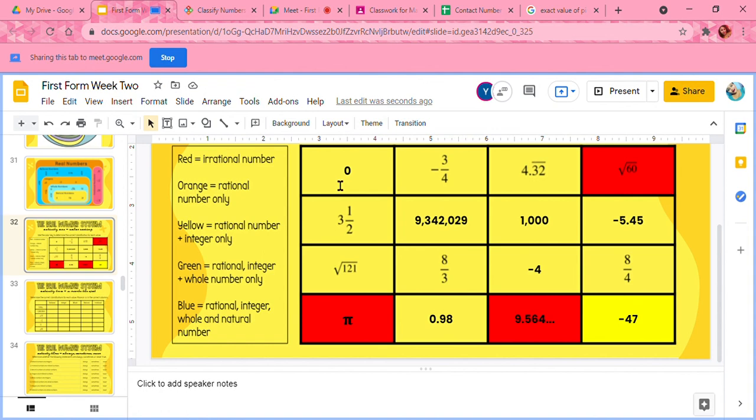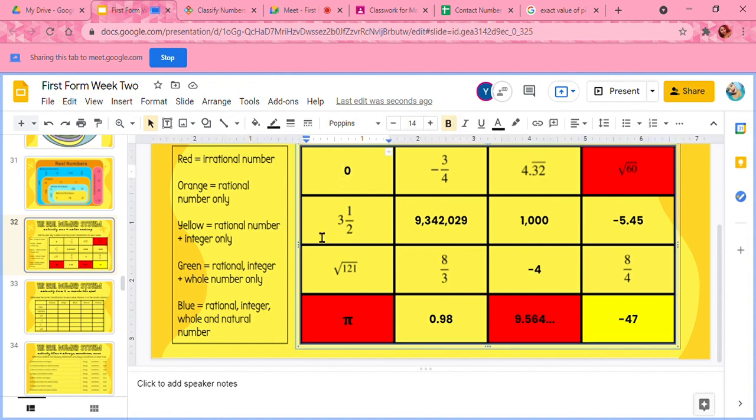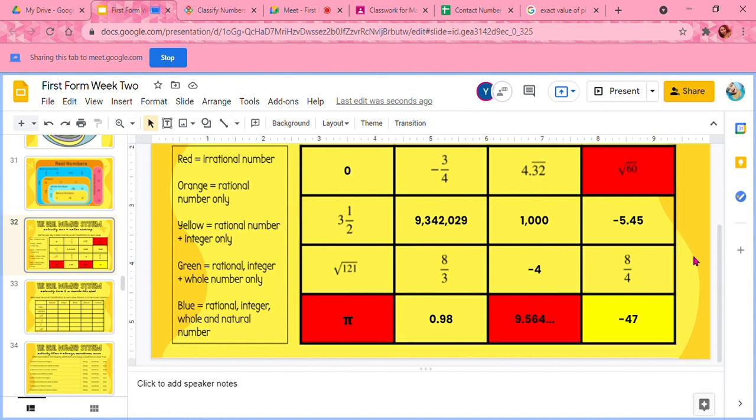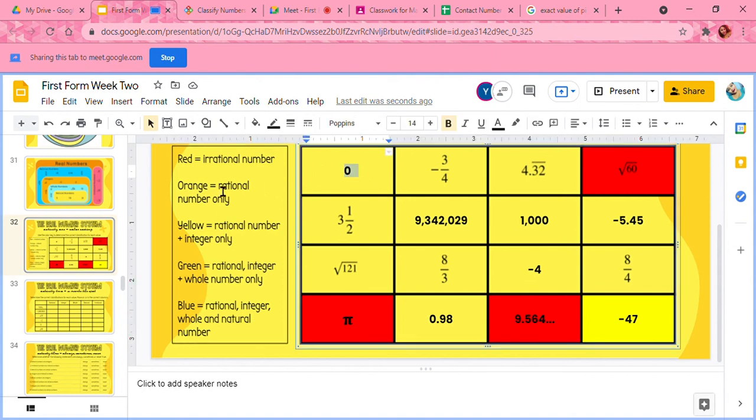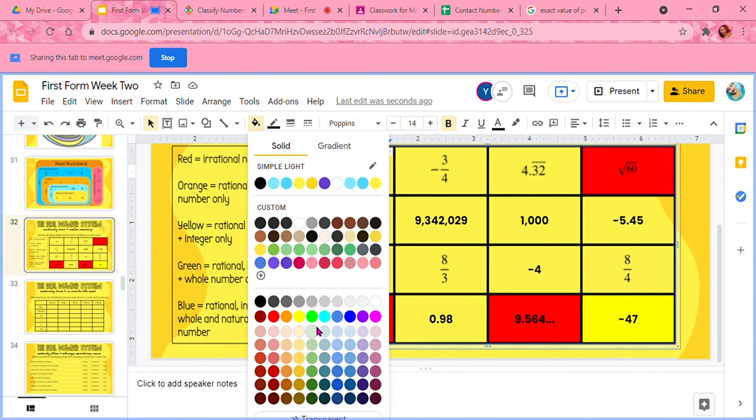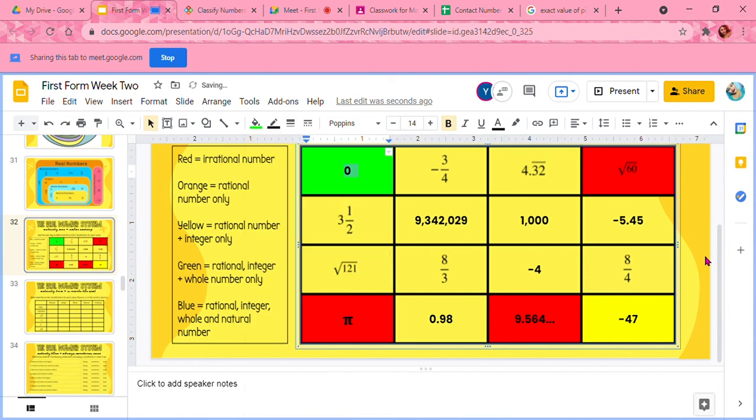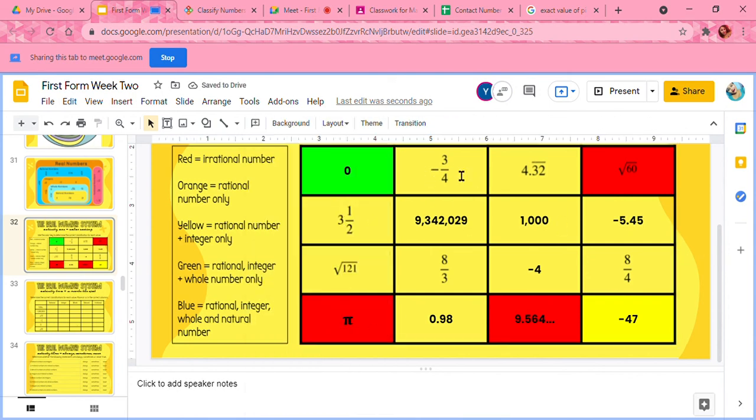Let's go one by one. 0. What is 0? What type of number is the number 0? A whole number. Very good. So let me find the one that says whole number. Right here. Whole number, integer, and rational. So I'm going to color this one green. Negative 3/4. What is negative 3/4?